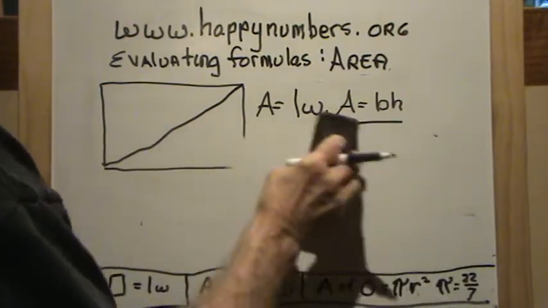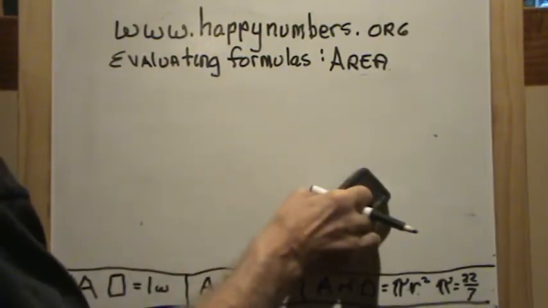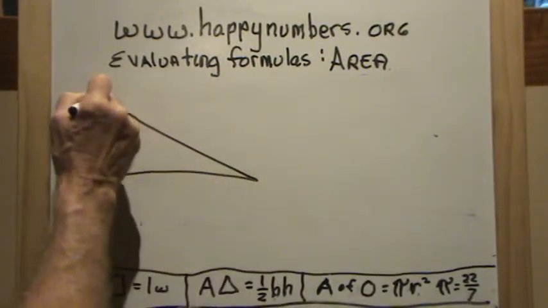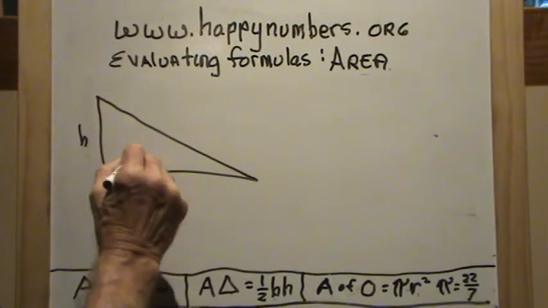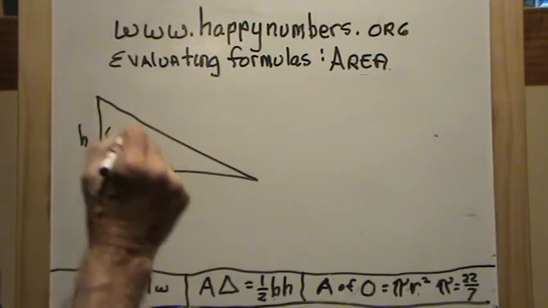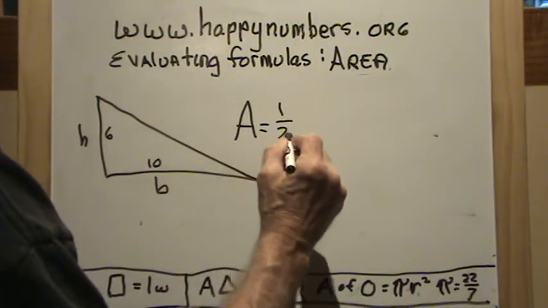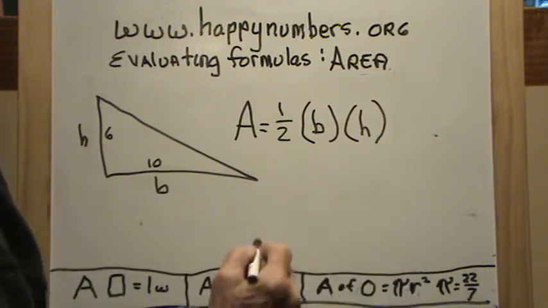Well, let's try another problem with the triangle. Let's take a triangle like this. The base and the height, we'll say the base is 10, the height is 6. Well, the area is 1/2 the base times the height.